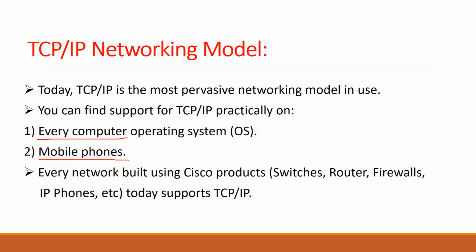For example, every network built using Cisco products, using Cisco switches, routers, firewalls, IP phones, etc. And by the way, we will focus here only on Cisco products because we are demonstrating CCNA 200-301, Volume 1, and it is related to Cisco products and Cisco certificates. So all these devices today support TCP/IP.